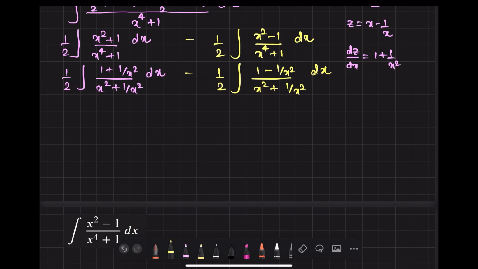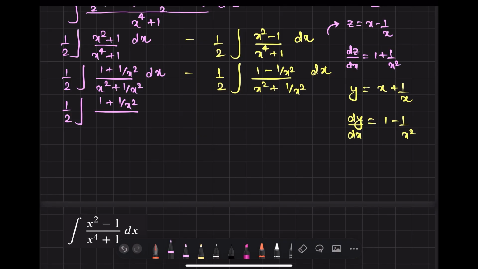Similarly, to handle the yellow part, you cannot take z, so I will take y. We have to create the differentiation as 1 minus 1 by x square, so we will be taking x plus 1 by x. So dy by dx will become what? It will become 1 minus 1 by x square, correct? Now let's simplify things. So can I write this purple part as 1 by 2, 1 plus 1 by x square, and in the denominator you have to create 1 plus 1 by x square, na?